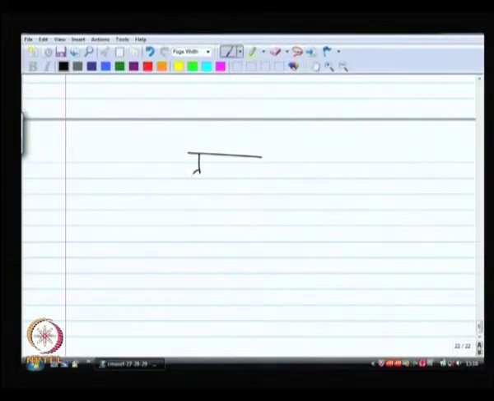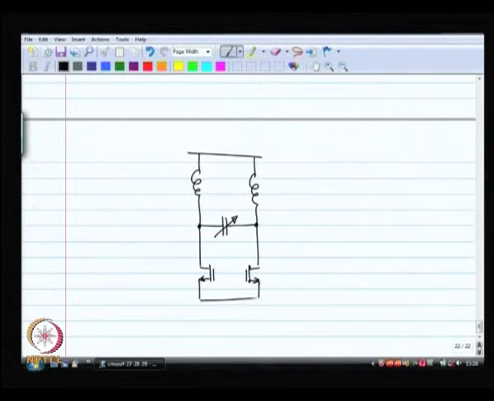If somehow I am able to vary this capacitance value, I can cover a large range of frequencies, and one of those frequencies will be the one that I want.